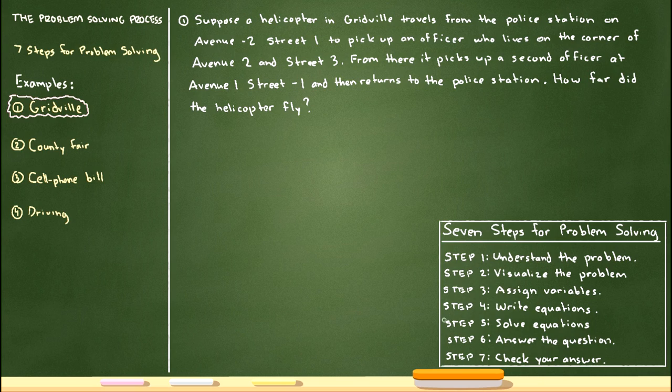And then in step number 5, we want to go ahead and solve those equations if at all possible. That's going to help us find those missing variables, and hopefully those missing variables will allow us to answer the question. Now a lot of times with step 5, a lot of people do some word problems and they write down equations and the variables and they solve those equations and then they stop.